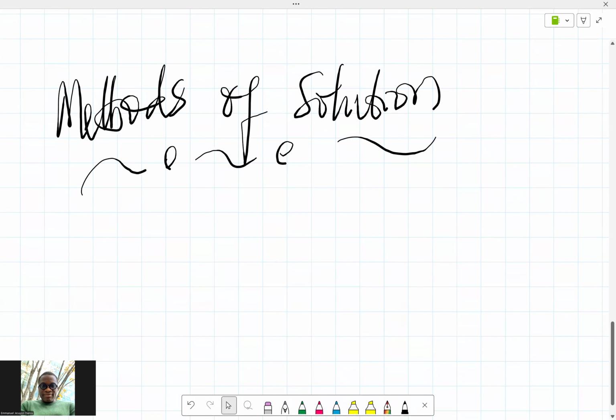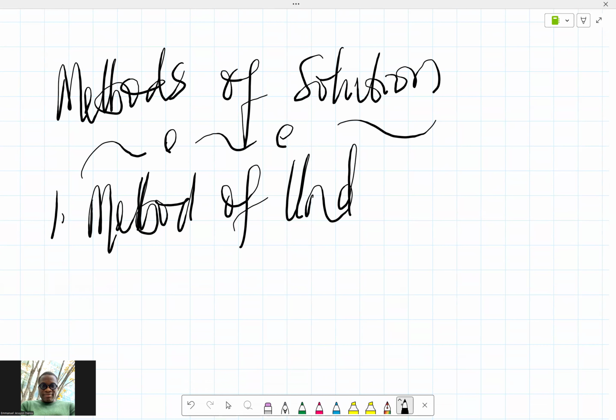So the first method of solution, we have come across it before, and it is called the method of undetermined coefficients.